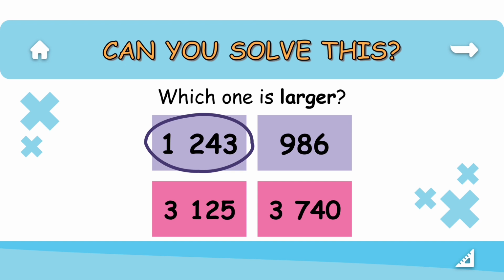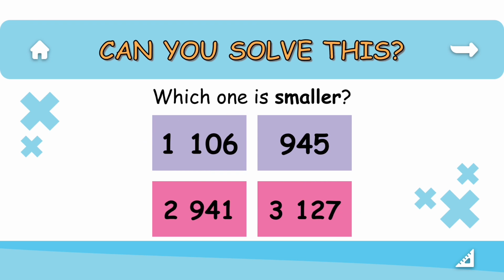At the hundreds, the first number is made up of digit 1 and the second number is made up of digit 7. So directly we can see 7 is larger than 1. So 3740 is larger than 3125.